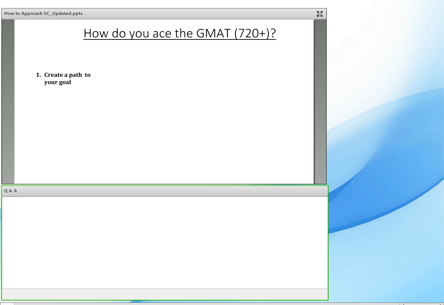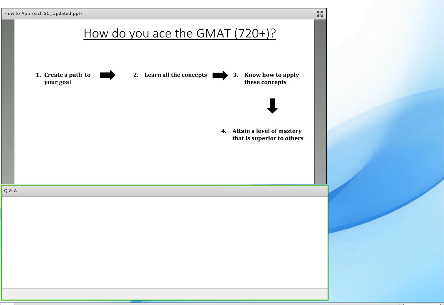Depending on your strengths and weaknesses, you need to understand the best way for you to get to that 720 or higher score. Then you need to learn all the concepts that you don't know. If you know the concepts, you need to brush them up. Just knowing the concepts isn't enough. You also need to learn how to apply those concepts. And while doing that, you need to attain that level of mastery that puts you in the top 5, top 6, top 1 percentile of students.